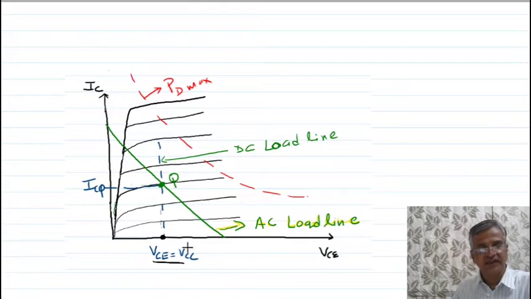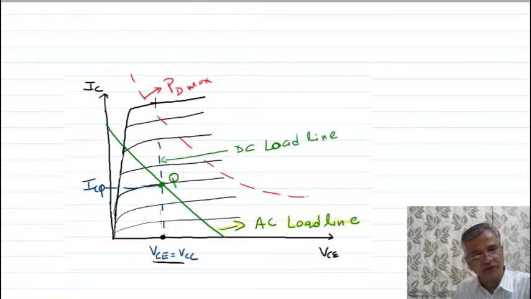I think you understand. This is a DC load line. But this DC load line is drawn vertically only if you are taking RP plus RE tends to 0. This is the vertical load line.